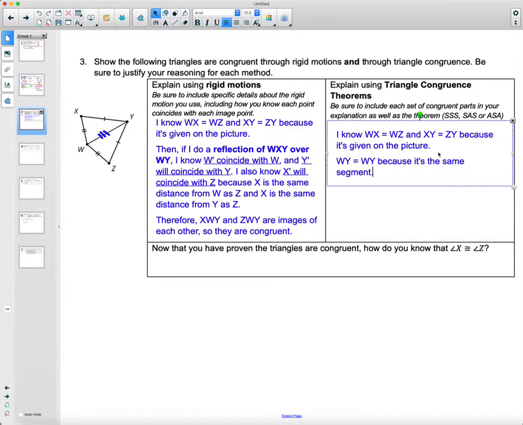So then you see all three sets of sides. So then you know triangle WXY is congruent to triangle WZY by side, side, side.